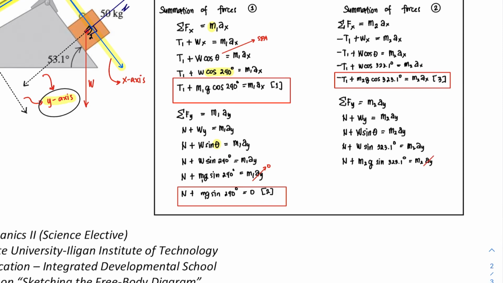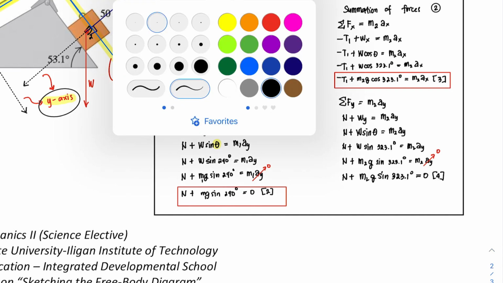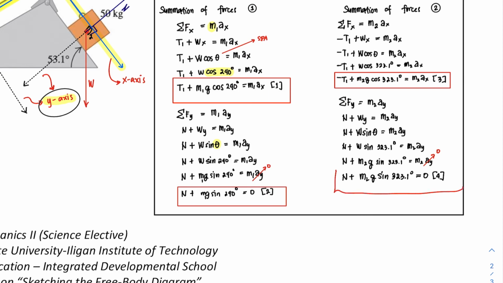So this is zero. We are left with this equation: N plus m2g sine of 323.1 degrees is equal to zero. And that is our equation 4. So we have now set up the equations for our free body diagram.